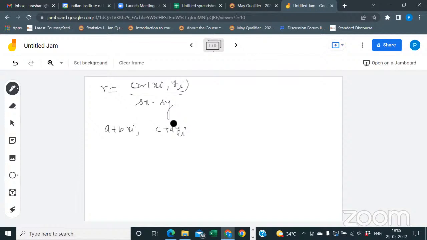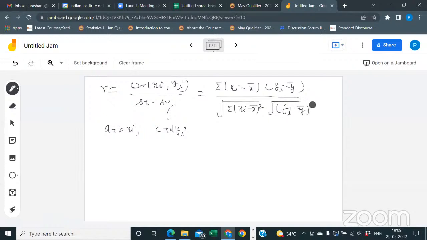You know the correlation formula: summation of xi minus x bar, yi minus y bar, divided by the square root of summation of xi minus x bar whole square, times summation of yi minus y bar whole square. Now we need x bar and y bar.